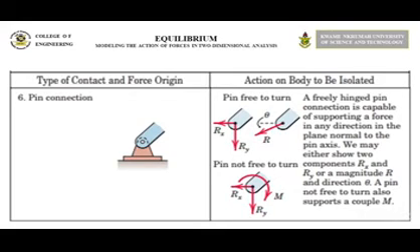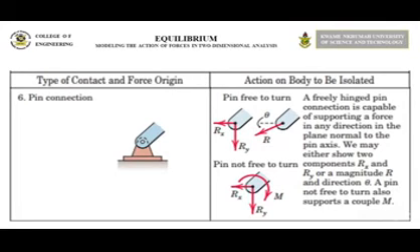A pin support introduces two unknowns, the magnitude and the angle that specify the direction of the force. But more commonly, the two unknowns are chosen to be perpendicular components of the force, that is Rx and Ry. A pin connection can be free to turn or not free to turn.